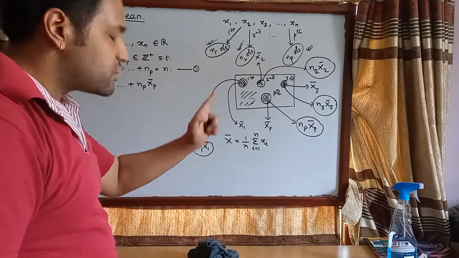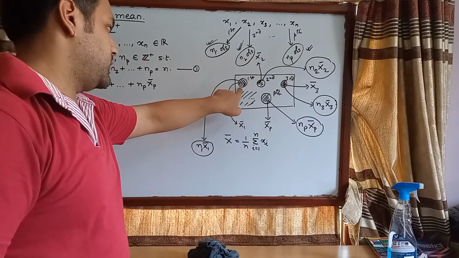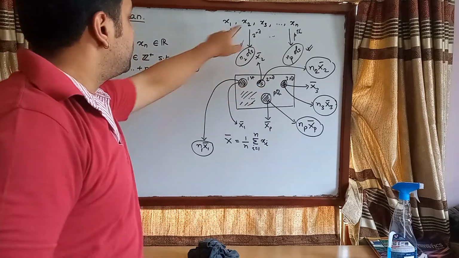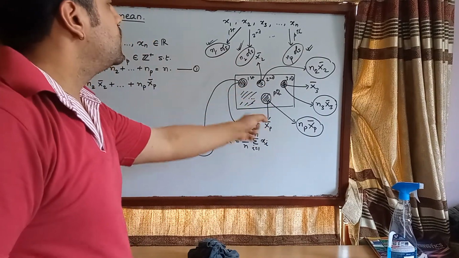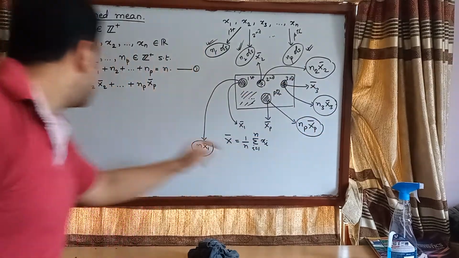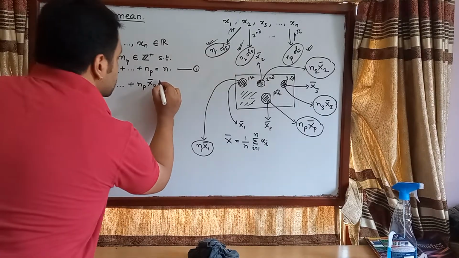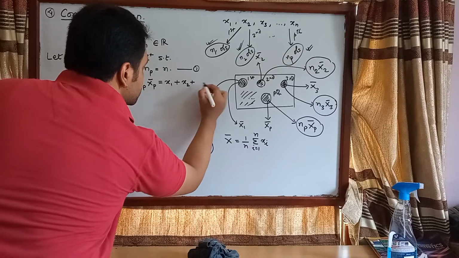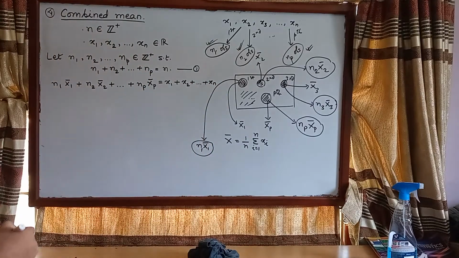Now, as per our construction, all the given values are in at least one of these sets, so if we add all of these quantities, we've added all the given values.